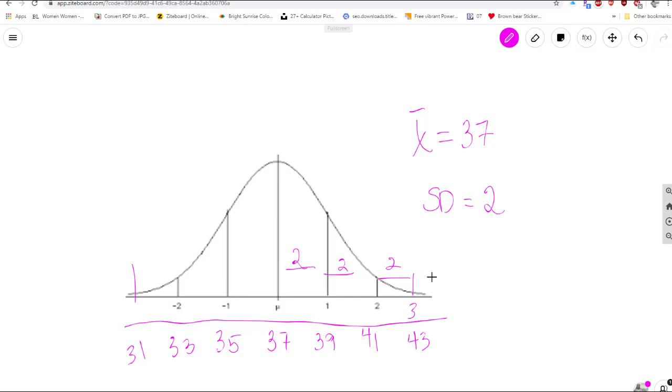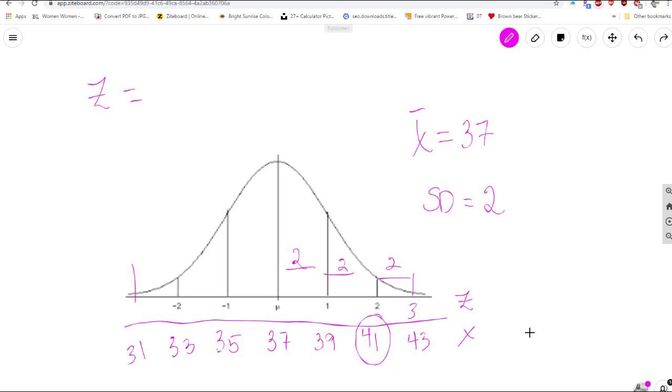Now, let's take this 41, for example. One way, if I wanted the raw score equivalent, and we're going to call these z's, and we're going to call these x's. So what I could say in this situation is, let's just say that I want to know what the corresponding z-score is for 2 standard deviations above the mean. And I figured out it was 41, right?